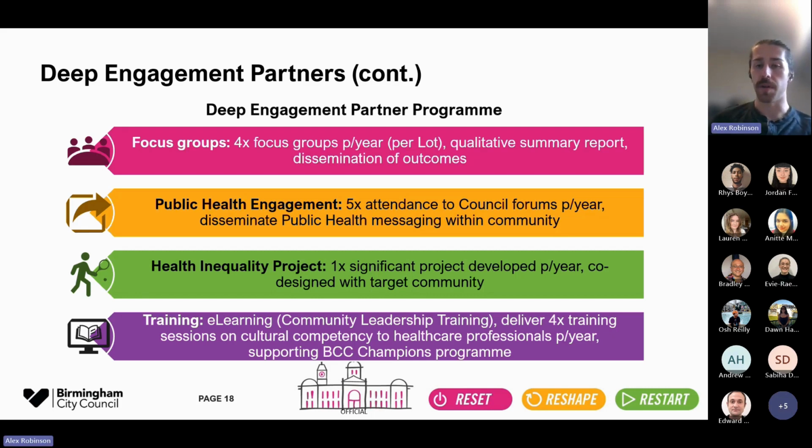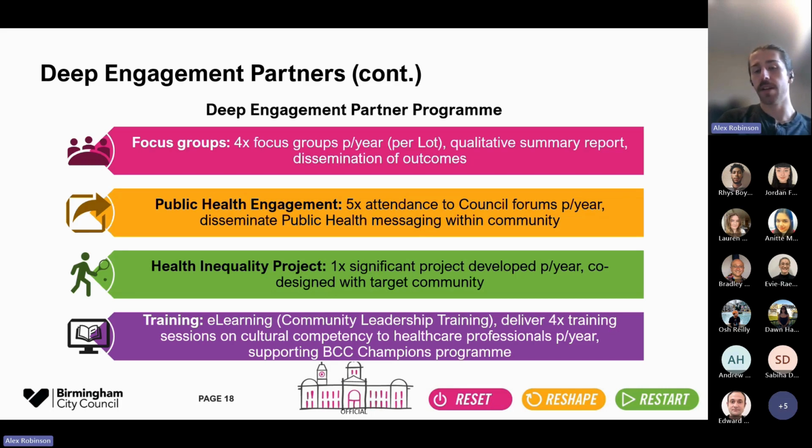There's also, we want people from the community to attend 5 different council forums per year. So, for example, we have the Creating a City Without Inequalities Forum, or the Creating a Mentally Healthy City Forum.